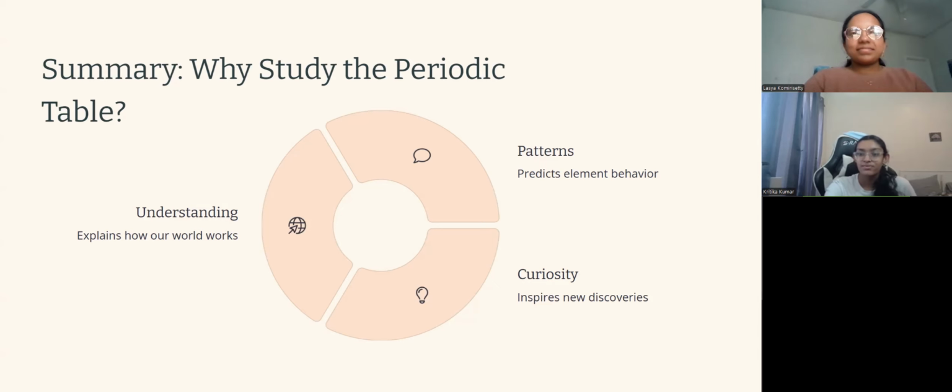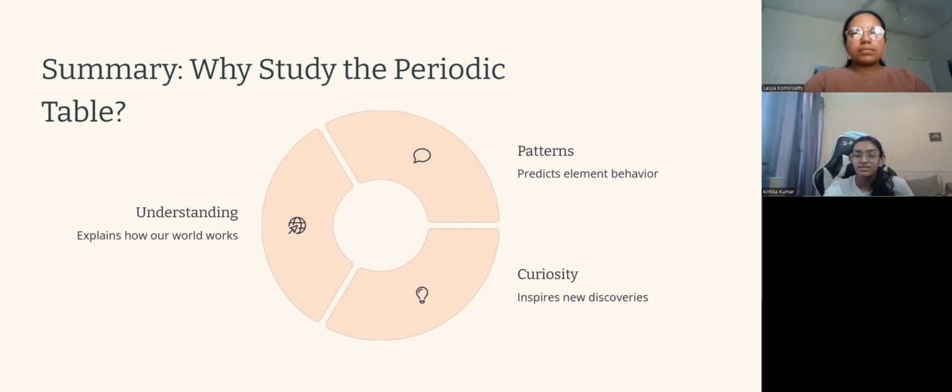And then it's also because we can find a bunch of patterns. These patterns can help us predict element behavior. What we mean by element behavior is how they react with each other, what their properties are, and how they generally stay in an environment.